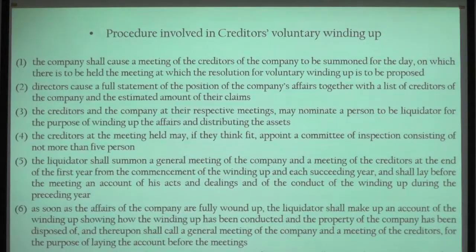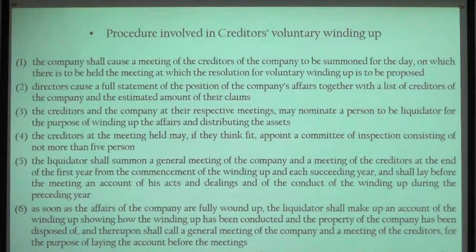However, the liquidator carrying on his work shall summon a general meeting of the company and a meeting of the creditors at the end of the first year, like in the earlier case, from the commencement of the winding up, and each succeeding year if he is unable to finish this within 1 year, and shall lay before the meeting an account of his acts and dealings and of the conduct of the winding up during the preceding year.